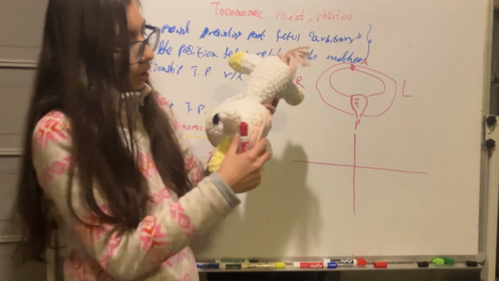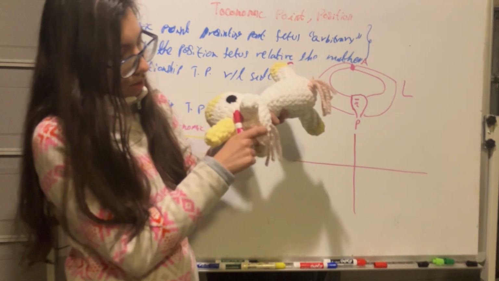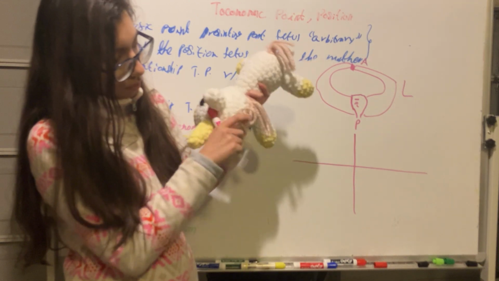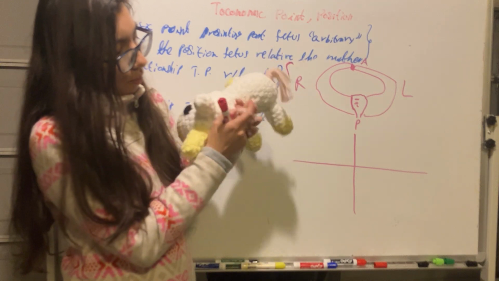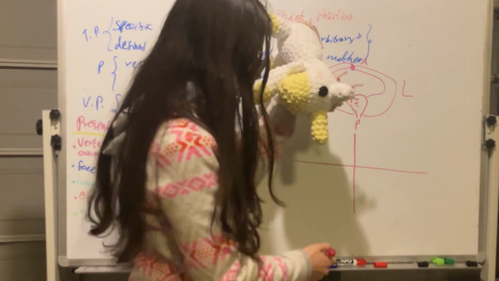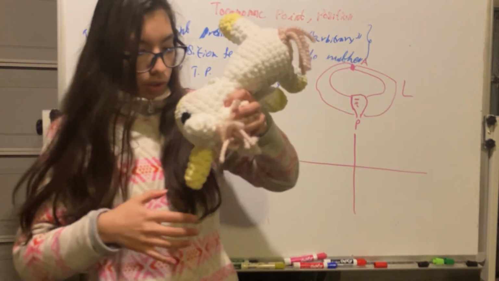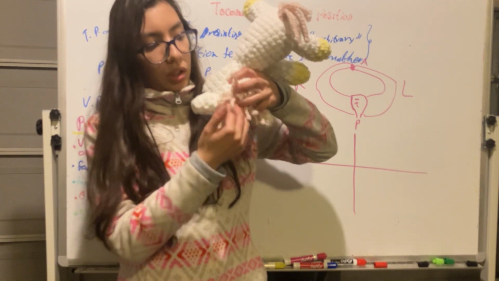Let's say here where the hair of the unicorn is beginning, this is the tocogonic point.